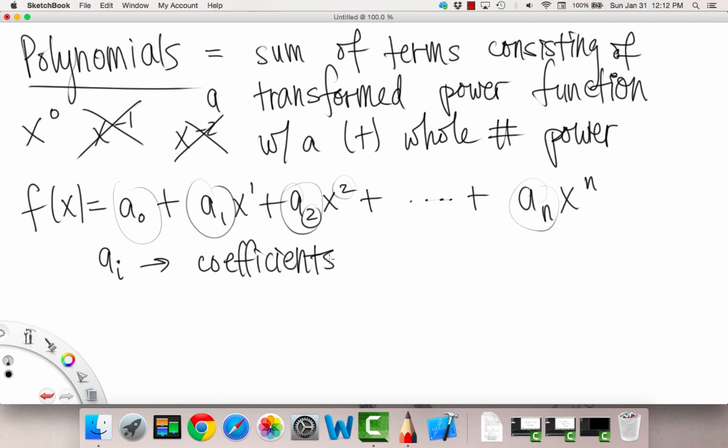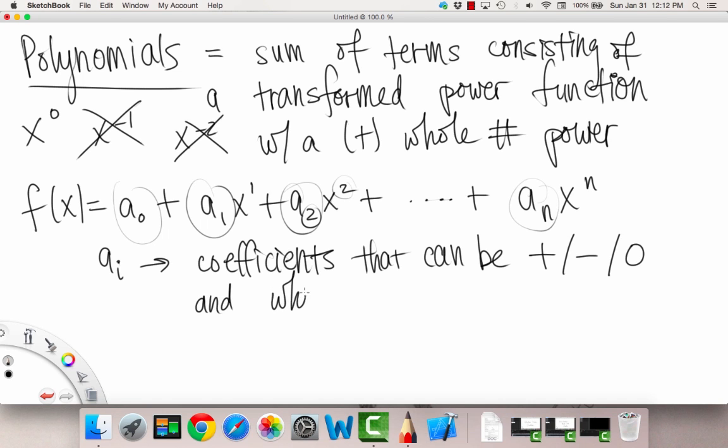They can be positive, they can be negative, or they can even equal 0. They can be whole numbers, decimals, or fractions. There's no restriction on what our coefficients can be for each of our terms. Now let me go over an actual example, a concrete one.